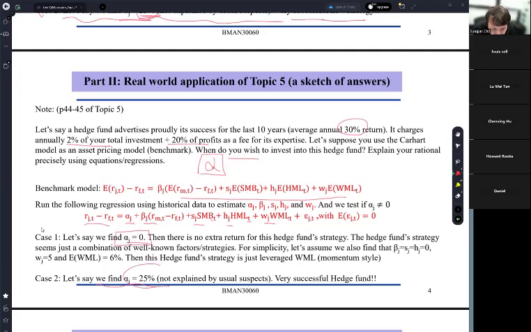If the hedge fund provides alpha, let's say 25%, then this hedge fund really has some specialty to find out which stock is underpriced and which stock is overpriced, right? So you maybe want to invest in this hedge fund. In the alpha equal to 0 case, there's no alpha, so it's better to buy an ETF on each factor, right? That's what we discussed.